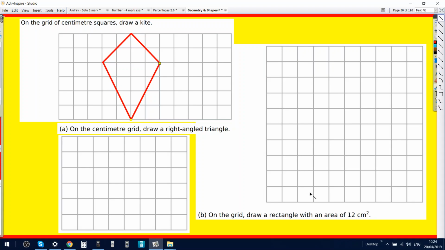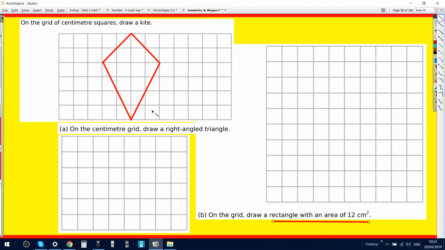How about this one on the right? Draw a rectangle with an area of 12 centimeters. You could have that'd be a square again. 4, 3, 1.